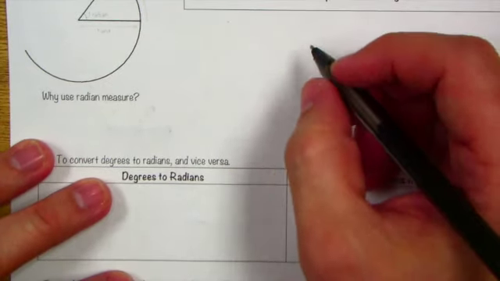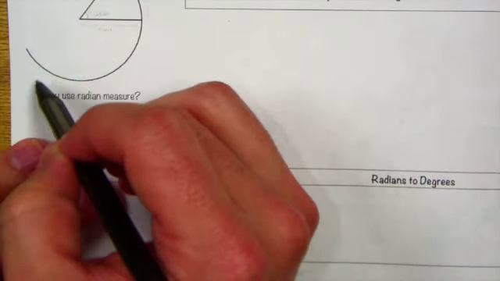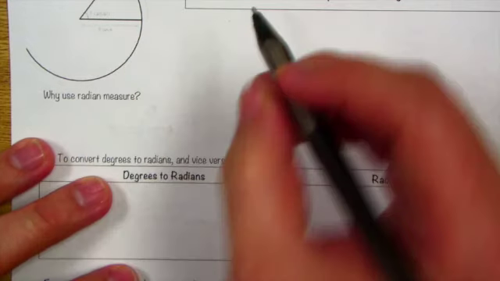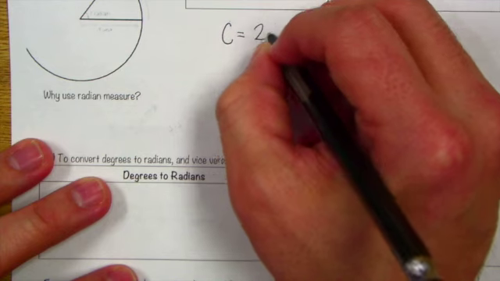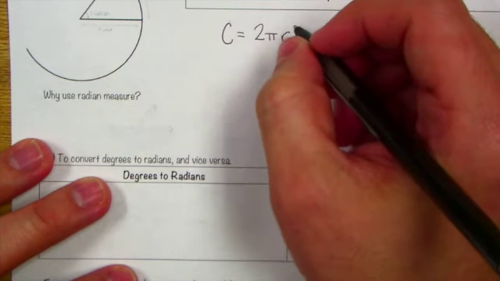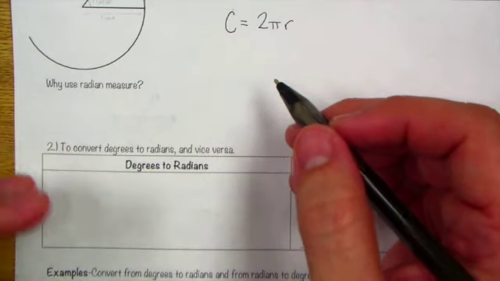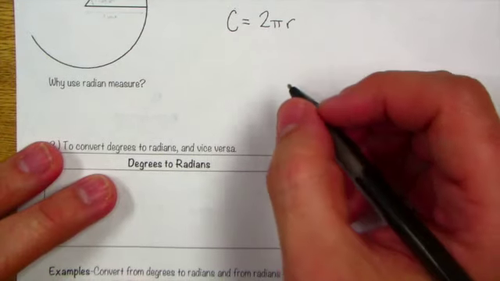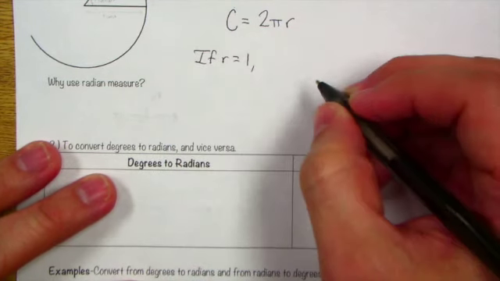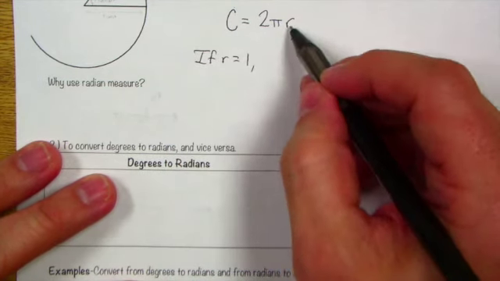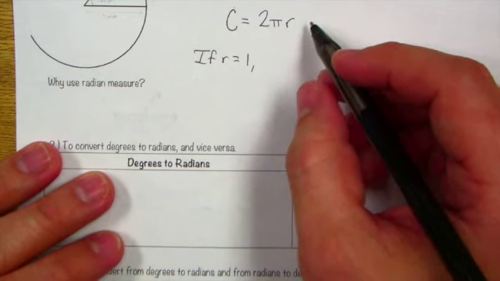If you think back to geometry, the circumference of a circle is the measure of the length around the circle. The formula for circumference is 2 pi r. If we imagine that the radius is 1, so r equals 1, then r just cancels out because it's just 2 pi times 1.